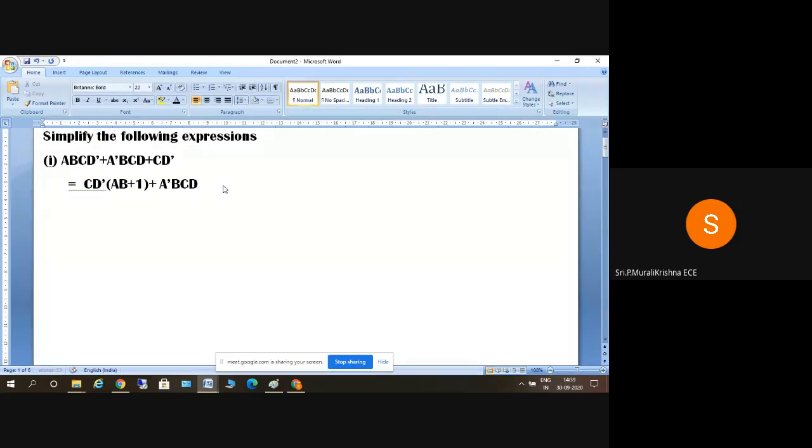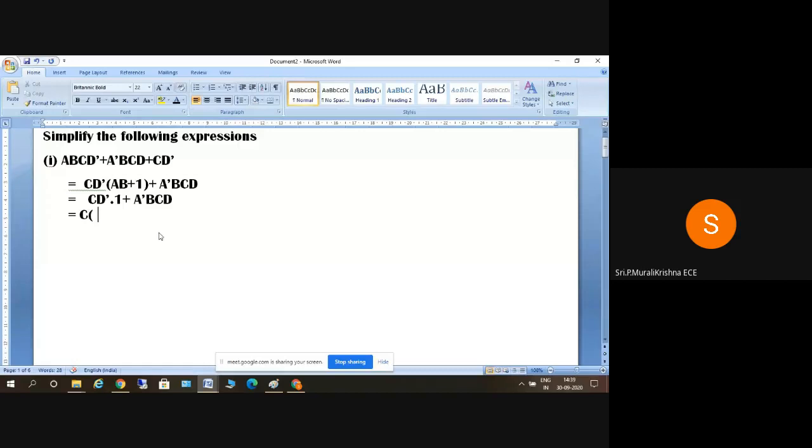Anything plus 1 will be equal to 1. So we'll get CD bar into 1 plus A bar BCD, okay. And again I can take C as common here.